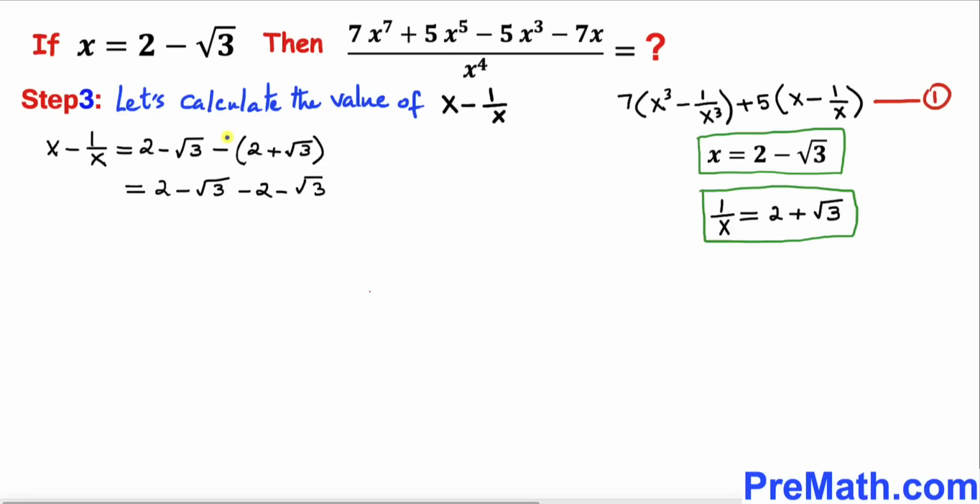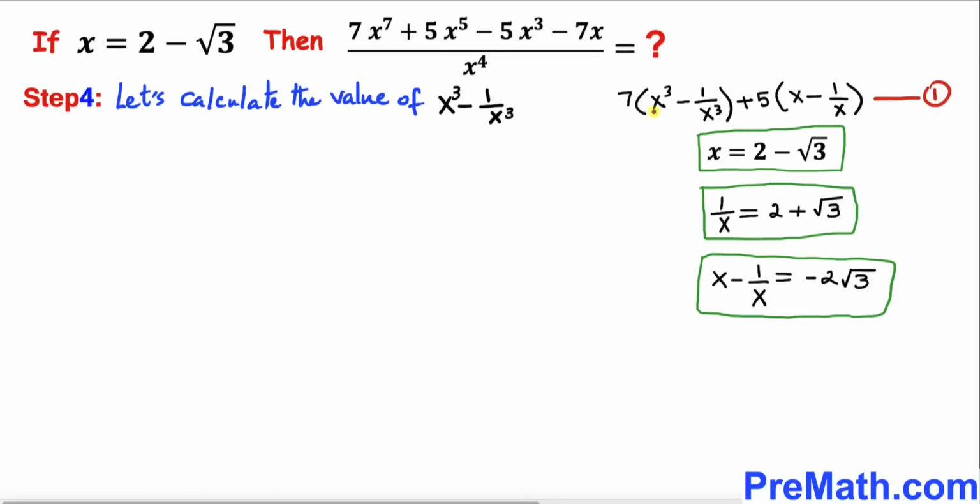When we open this parentheses over here, that's going to give us a negative 2 minus square root of 3. And now we can see this 2 and minus 2, this is gone. So we ended up with only negative 2 times square root of 3. So thus our x minus 1 over x value turns out to be a negative 2 times square root of 3.